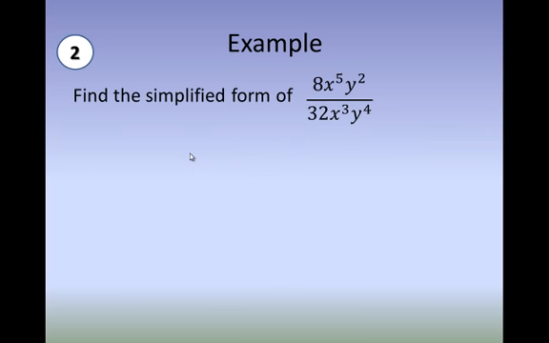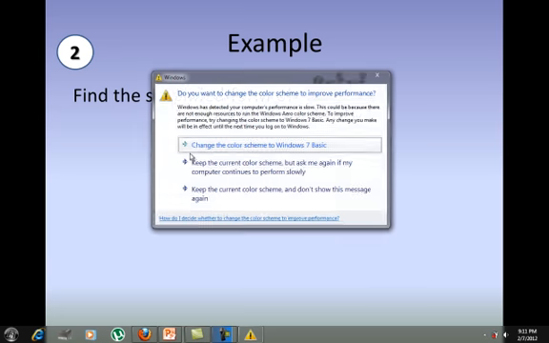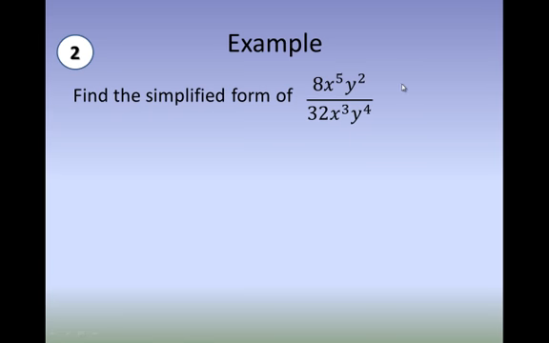Let's take another example. 8x to the 5th power times y squared over 32x cubed times y to the 4th power. As we can see, the GCF of the numerator and the denominator will be 8x cubed y squared.